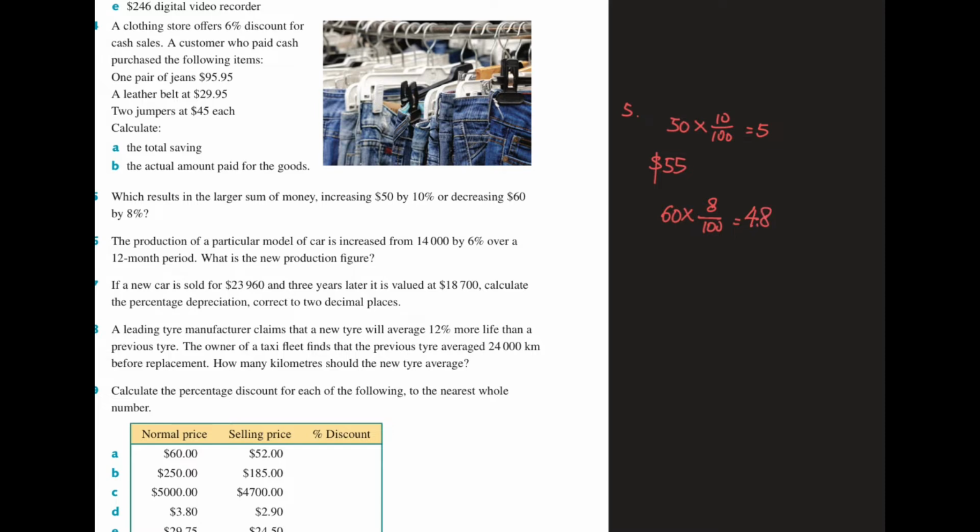So as you can see, the working is 60 times 8 divided by 100, which is 4.8. Then decreasing by 4.8 will be 55.2.